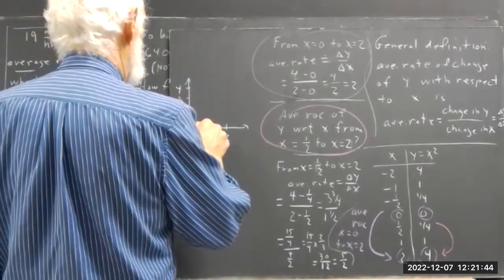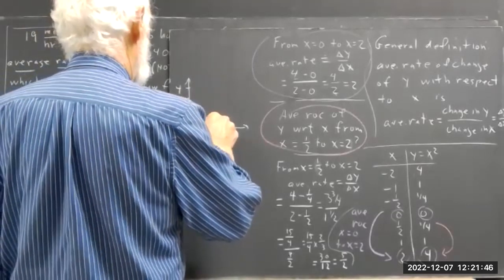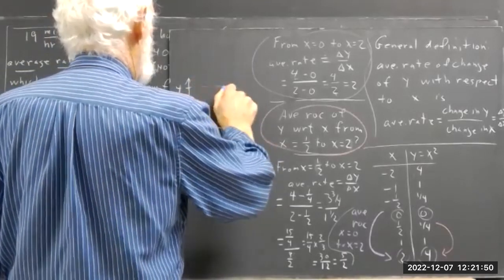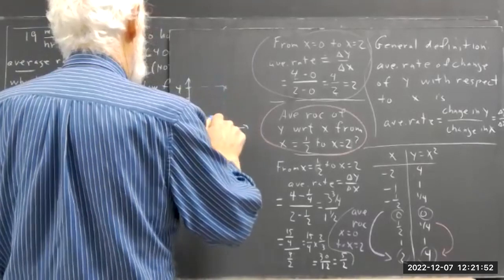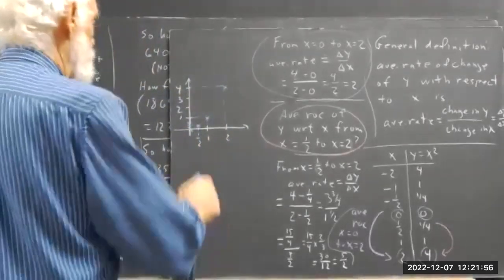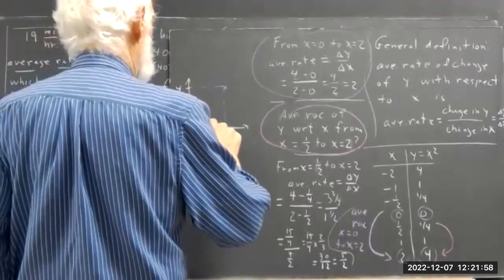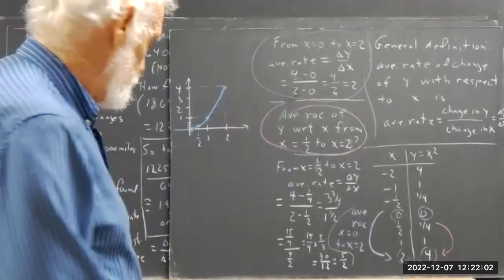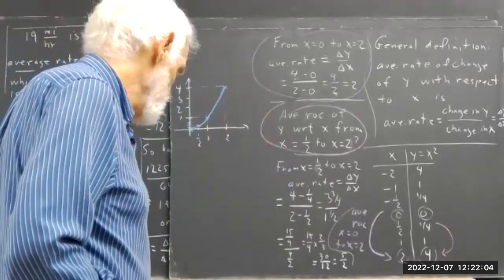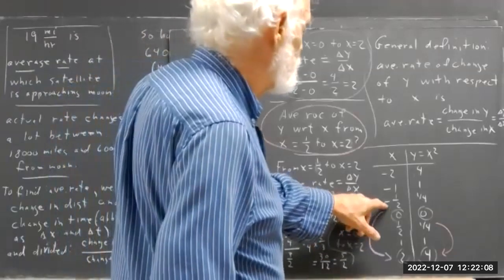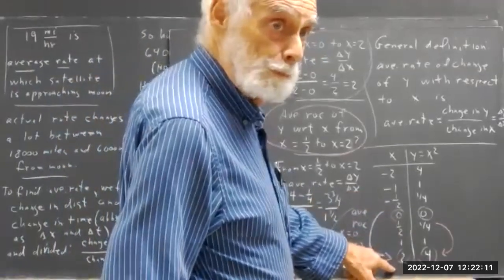So I think everybody understands. Here are my points on the graph, right? And you can connect these with a smooth curve. Looks something like this. What we just did was go from x equals 0 to x equals 2.